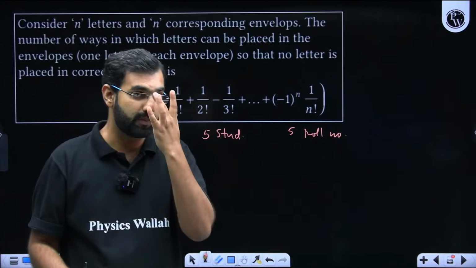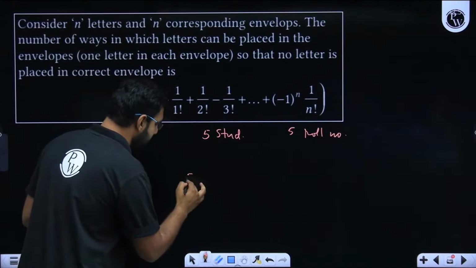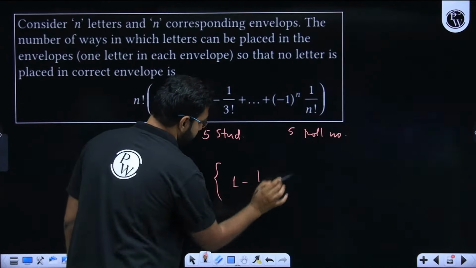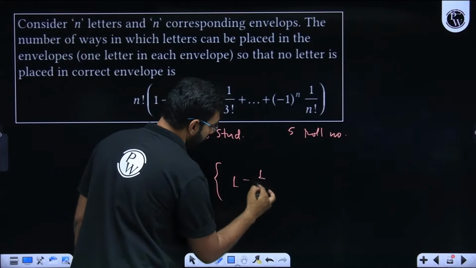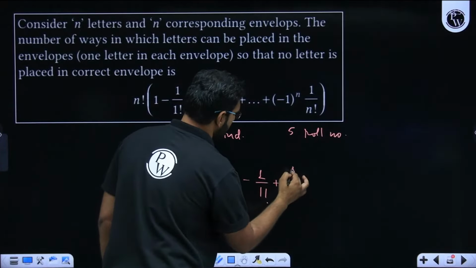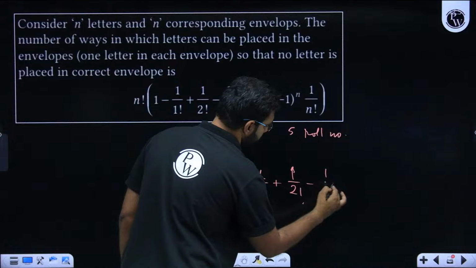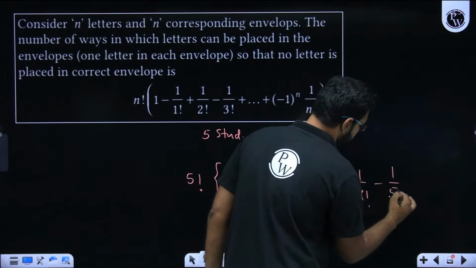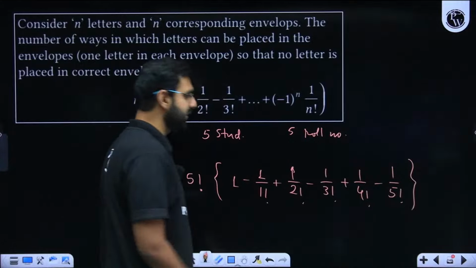A question on derangement. So what do we do for derangement? The number of students, which is 5 factorial, times 1 minus 1 by 1 factorial, plus 1 by 2 factorial, minus 1 by 3 factorial, plus 1 by 4 factorial, minus 1 by 5 factorial.